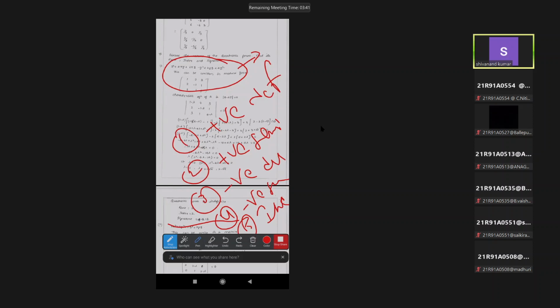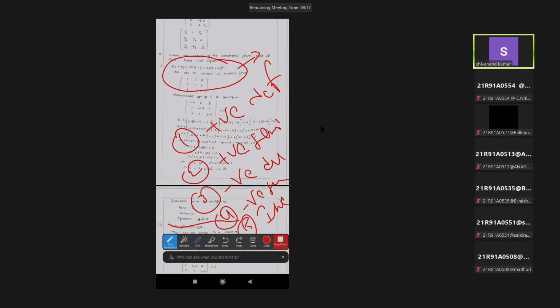If the eigenvalues are all positive, again I will repeat, then you can say that is positive definite. Remember this one. If the eigenvalues are all negative, then it is negative definite.